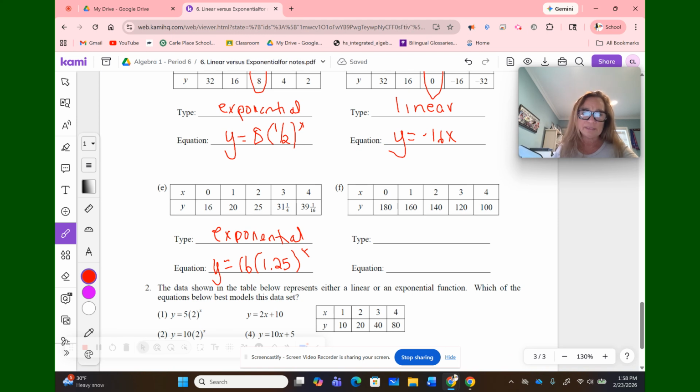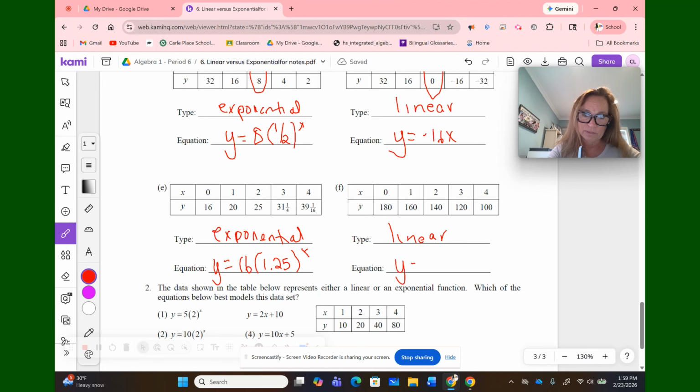Hit y equals, type it in, make sure that your equation produces the same table. So I would type in 16, 1.25 raised to the power of x. Second graph is table 0, 16, 120, 225. Yep, it matches.